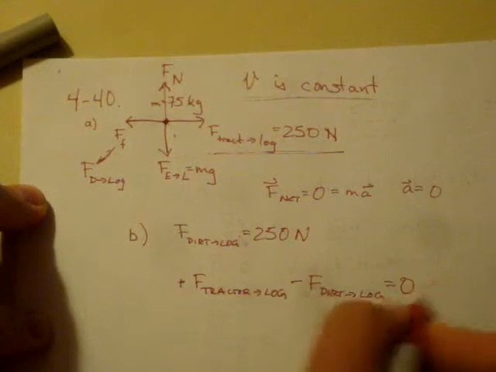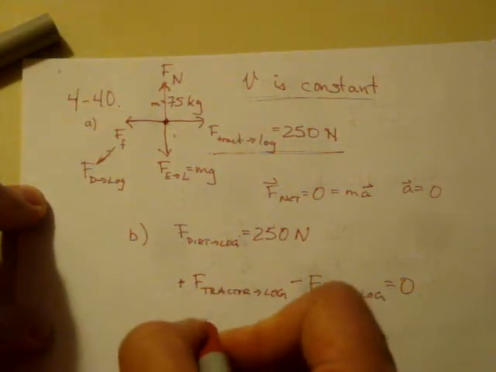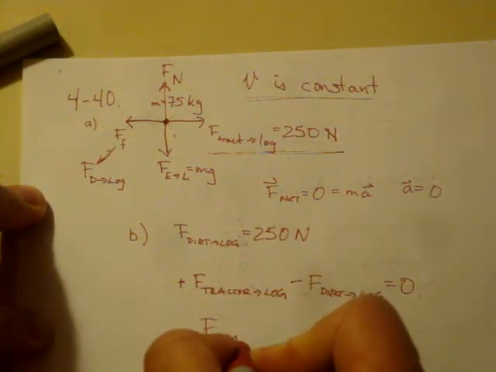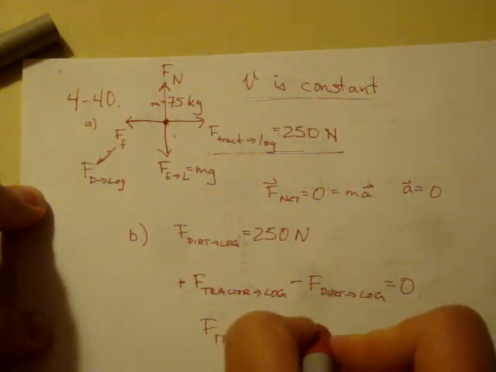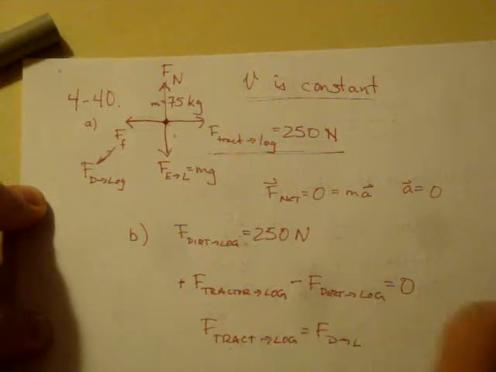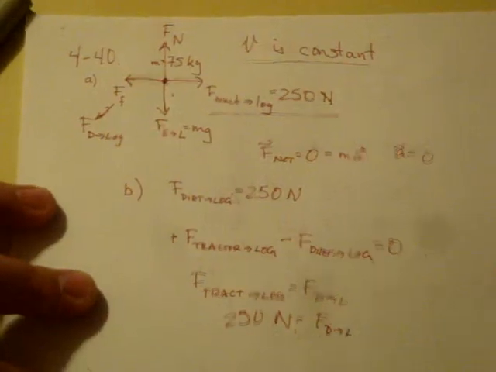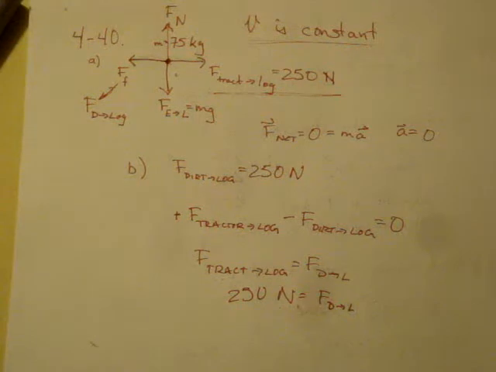Then adding the force of the dirt on the log to both sides, the force of the tractor on the log equals the force of the dirt on the log, which is that frictional force. And since this was 250 newtons, then our force of the dirt on the log is also 250 newtons. Okay, I kind of skipped that, but just in case you need to see that explicitly.